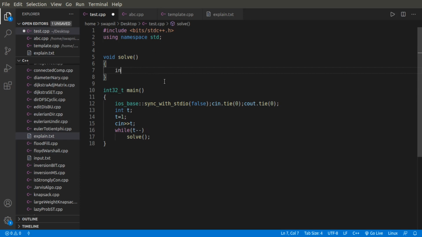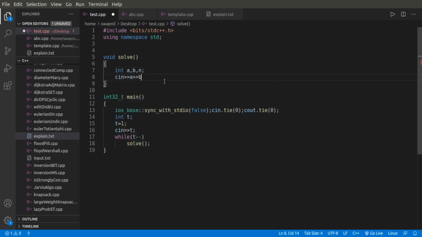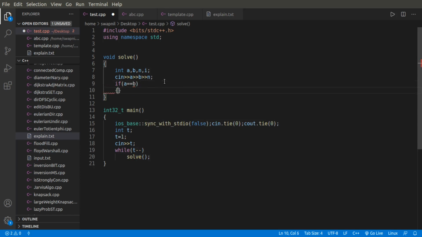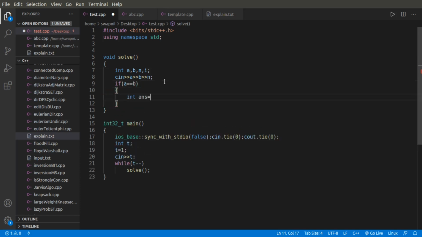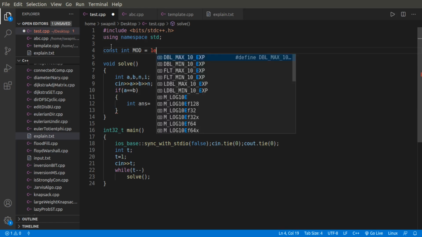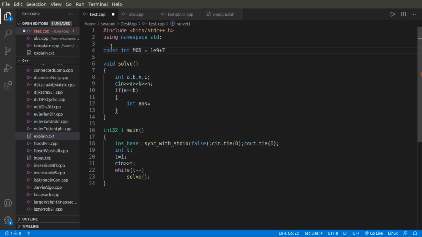Okay, so I will just declare my numbers, and I'll take them as input from the user. So here we go, we have taken a, b, n as input, and if a is equal to b, then in this case my answer will be nothing but, I will just declare a constant variable which will be 10 to the 9 plus 7, because it will be required in my further work.